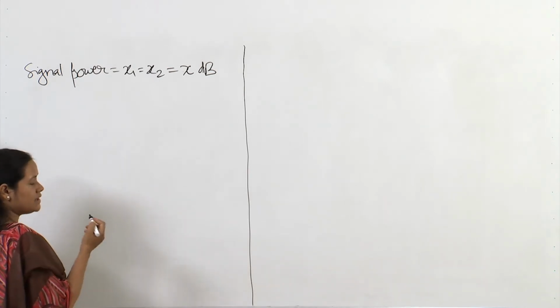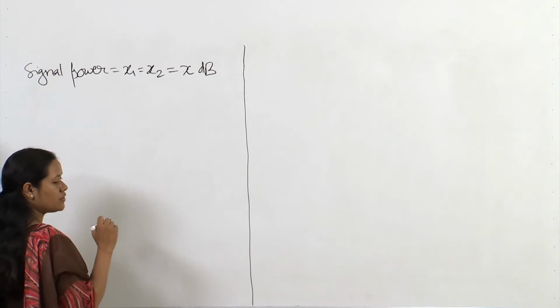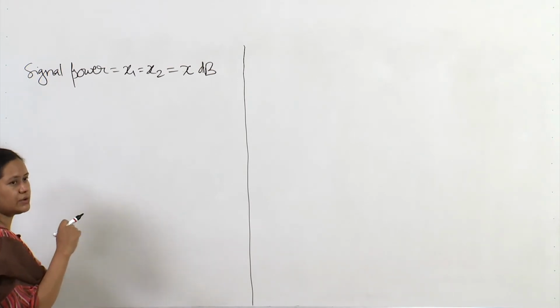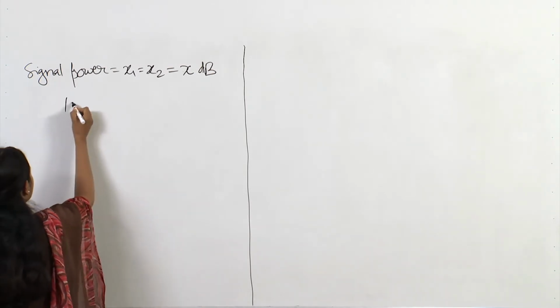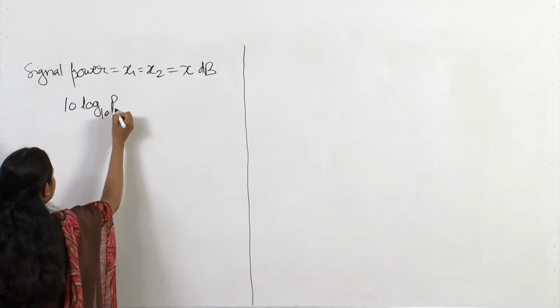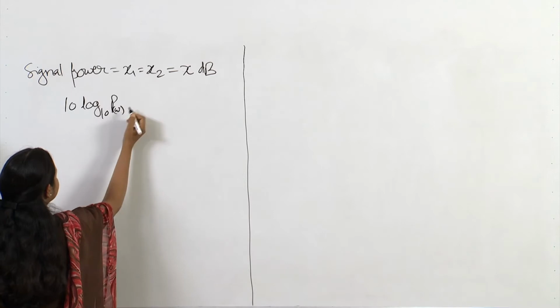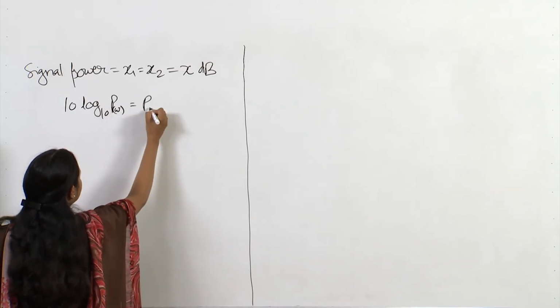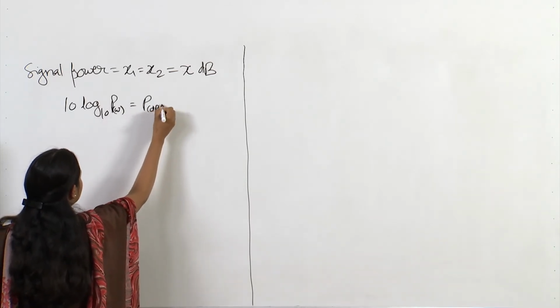We have discussed earlier that when we want to convert from watt to dB, it is 10 log 10 P, where W means watt, and it becomes P in dB.